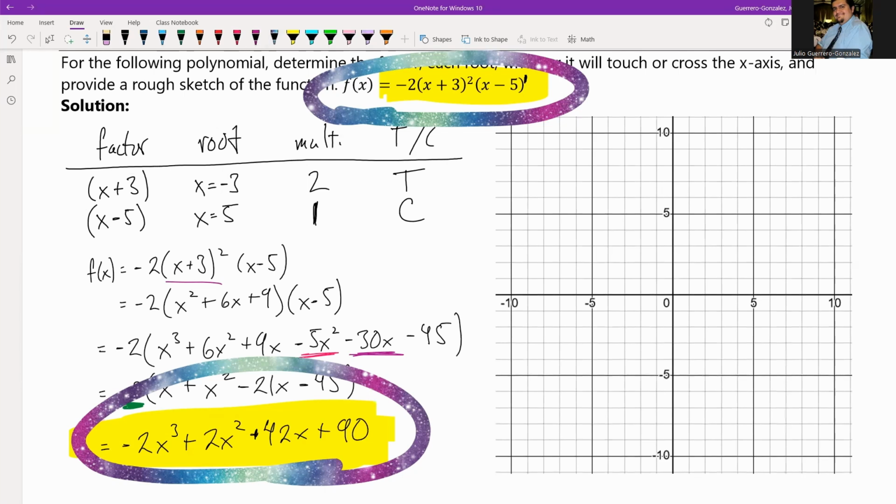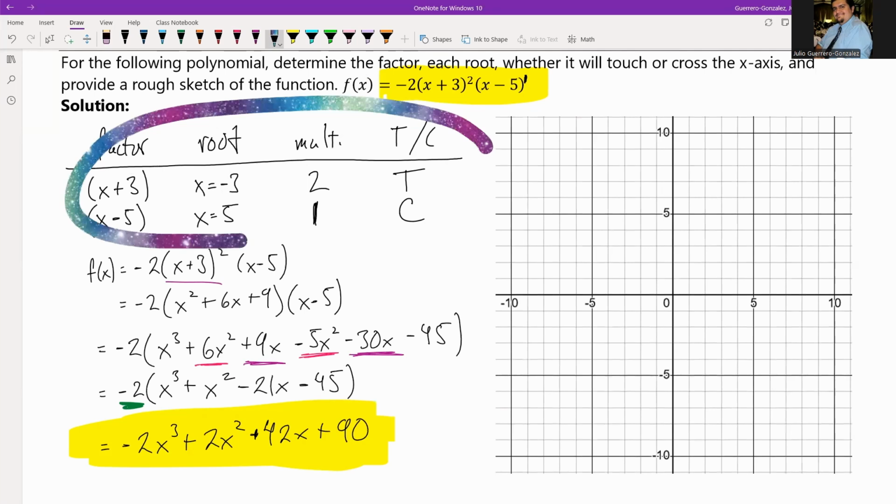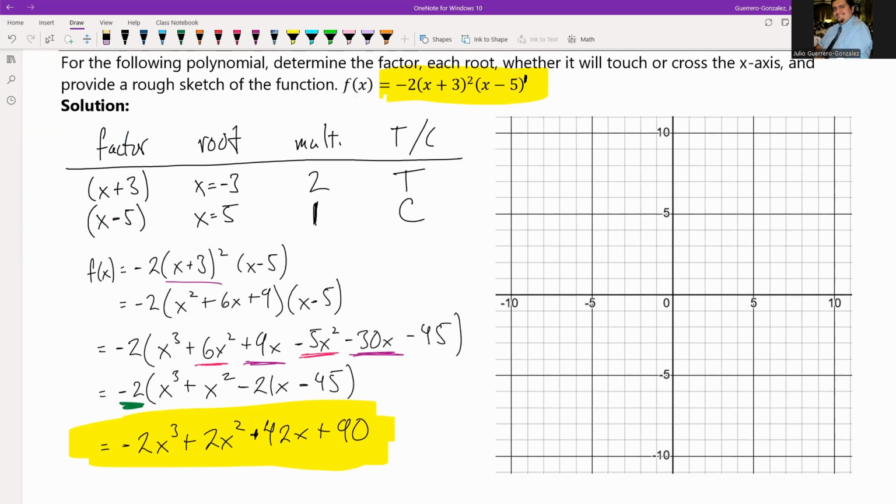Okay, now, here's the nicety of having multiplicities, right? Because of this table, we know what each x-intercept will do. So we can actually graph this now without using a graphing calculator. Okay, so follow along here, right?